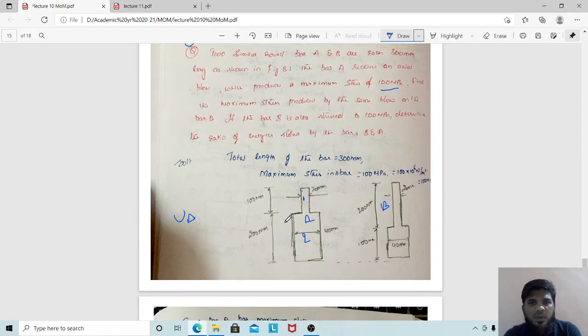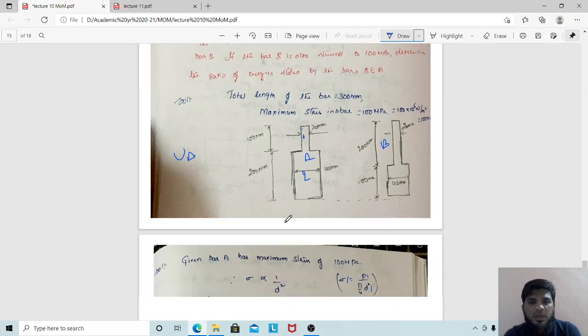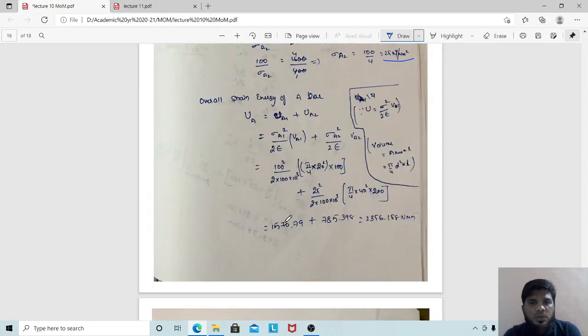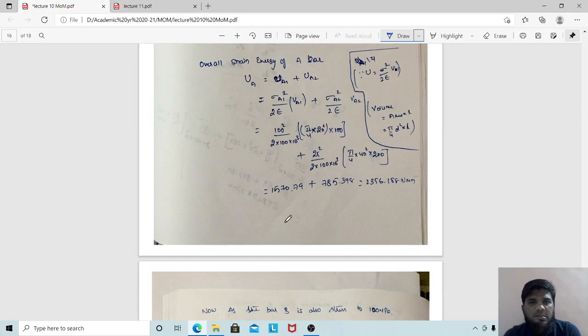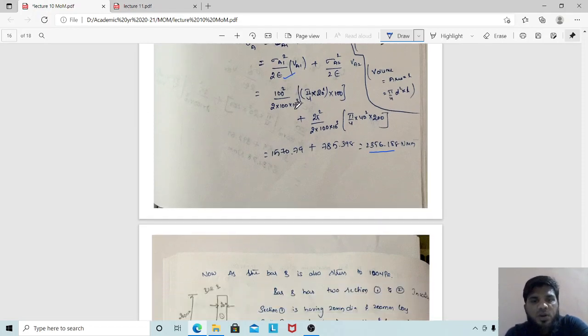I think I have not written it down here in the question, but they have given the value of E. So follow this, they will be giving the value of E. I am substituting, and I am going to get the value of U as 2356.188 Newton per mm. I hope everyone is understanding this to this extent. The only thing you might be confused with is the value of E, which I might have forgotten to write down.